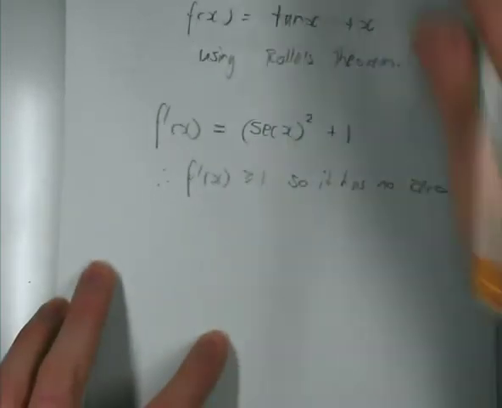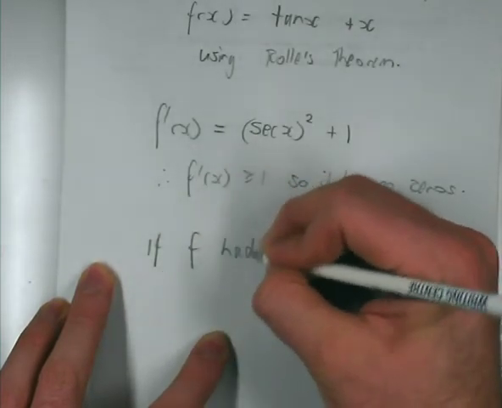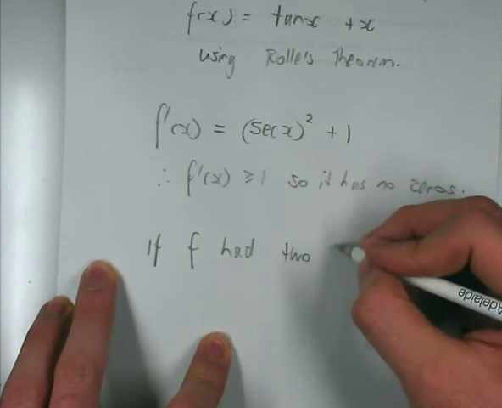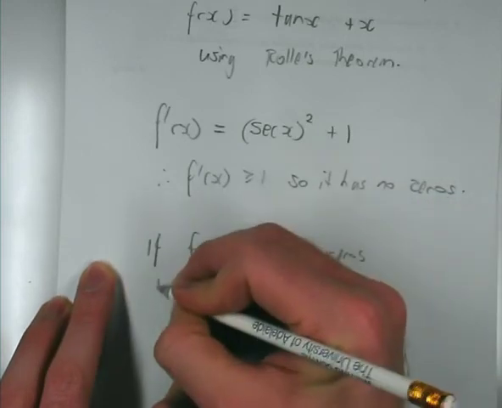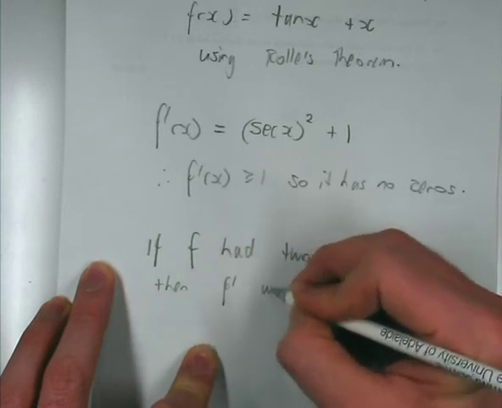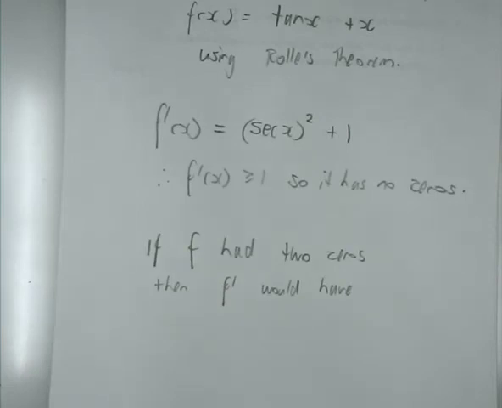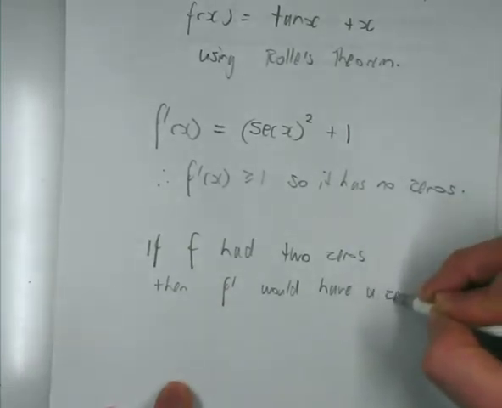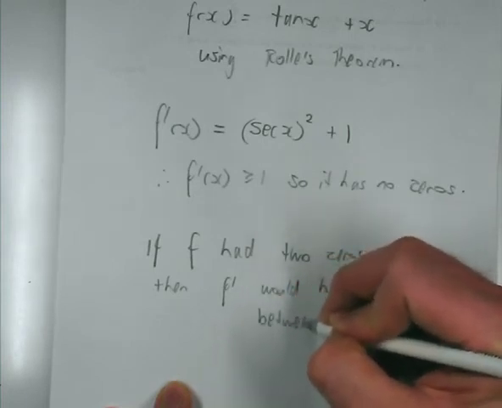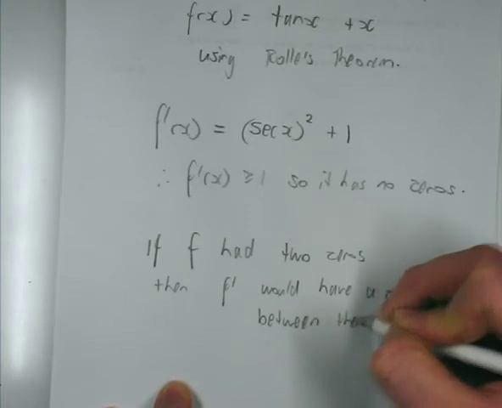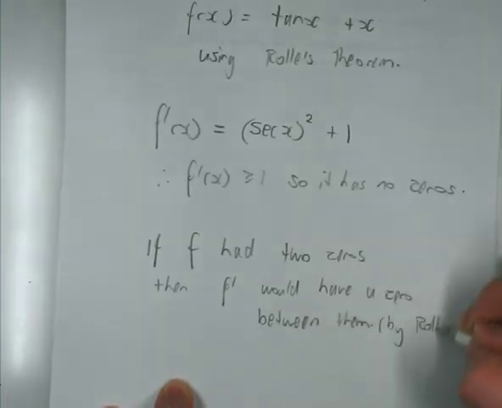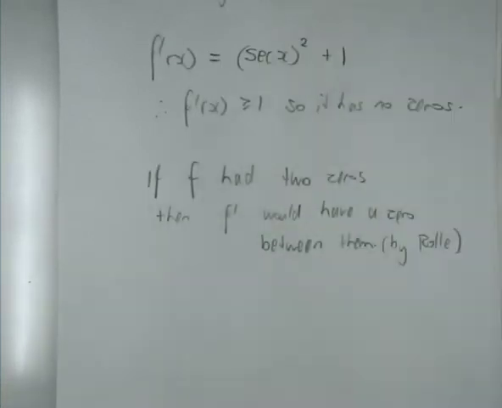If f had at least 2 zeros, then f dash would have a 0 somewhere between those two, by Rolle's theorem. But f dash doesn't have any zeros. So since it doesn't have any, f can't have 2. It's a proof by contradiction, basically.